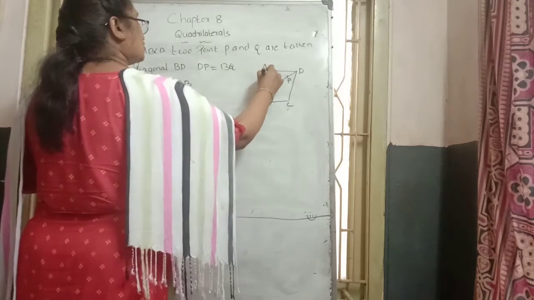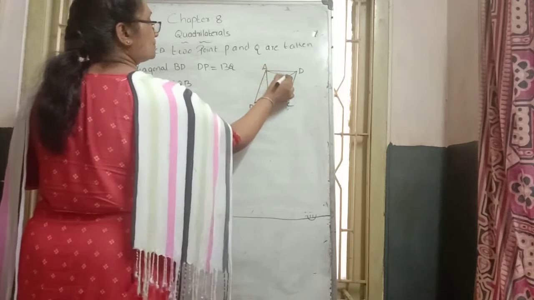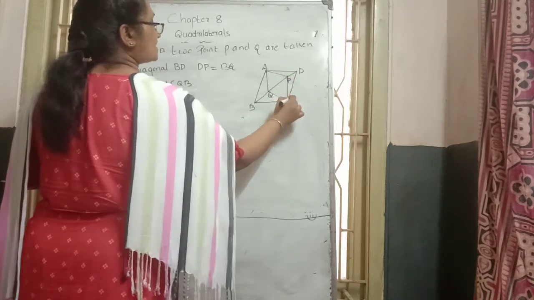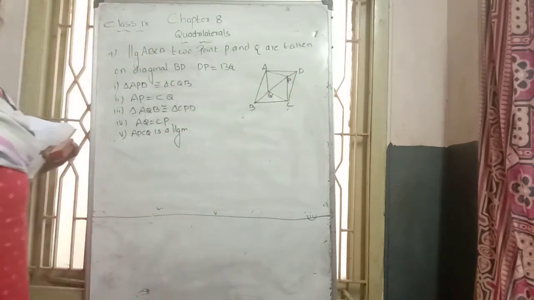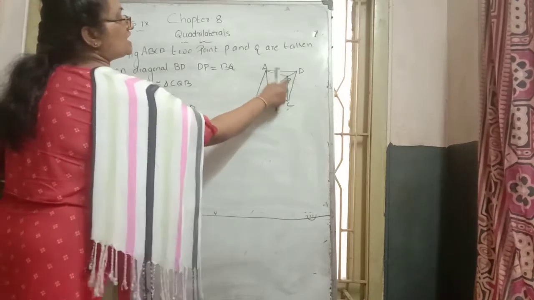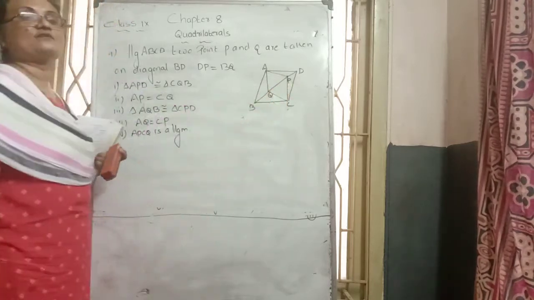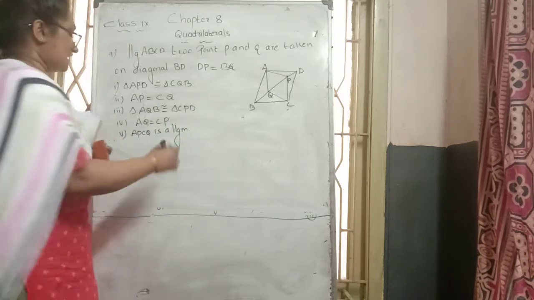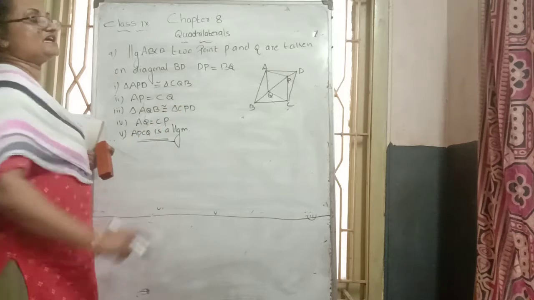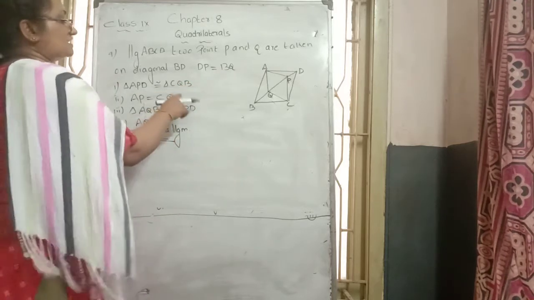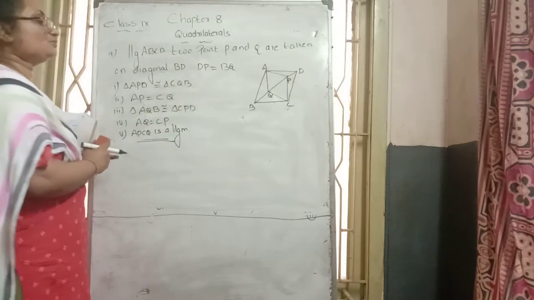Joining A to Q, A to P, and C to P, C to Q, we get another parallelogram inside. We want to prove that APCQ, the quadrilateral inside, becomes a parallelogram, and the other four cases as well.